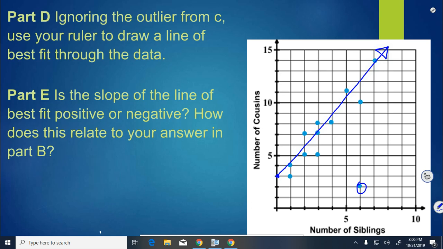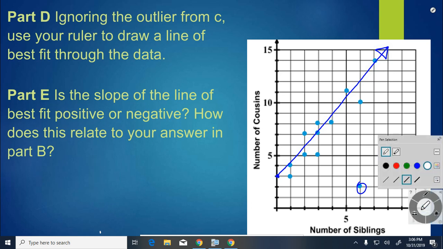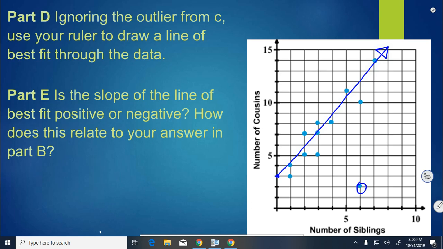So then part E, is the slope of the best fit line positive or negative? And how does this relate to your answer in part B? It is definitely positive because it's increasing from left to right.